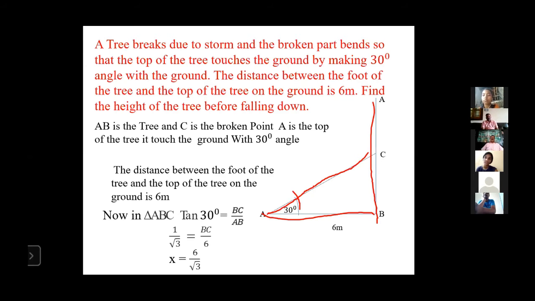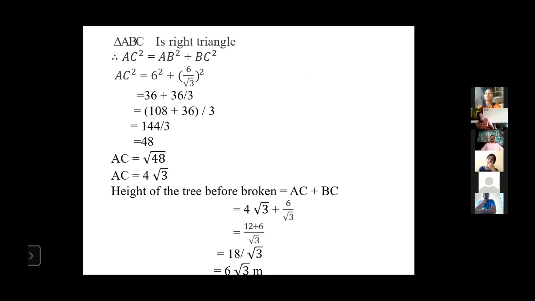Here we got the BC length: BC is equal to 6 by root 3. So we write 6 by root 3 whole square. 6 whole square is how much? 36. Yes. 36 plus again 6 whole square, 36 by root 3 whole square. Square and root cancel, remains 3. We got 36 plus 36 by 3.